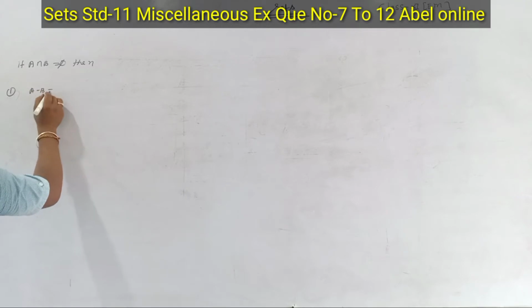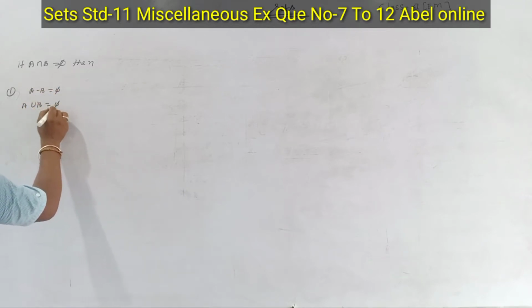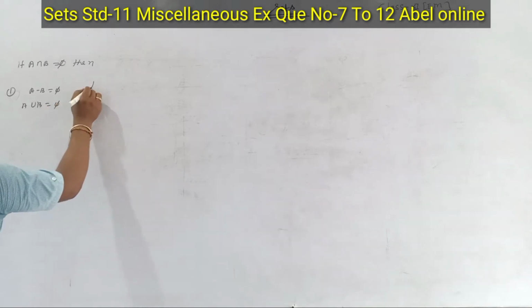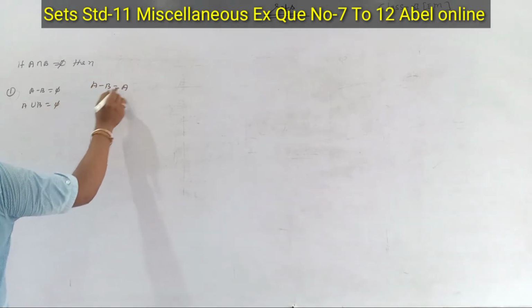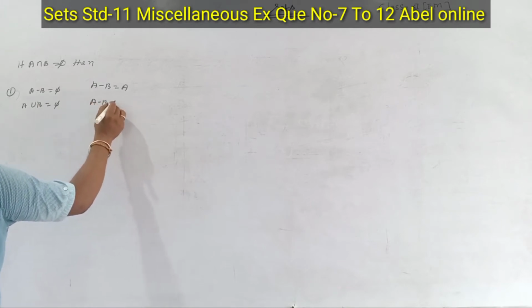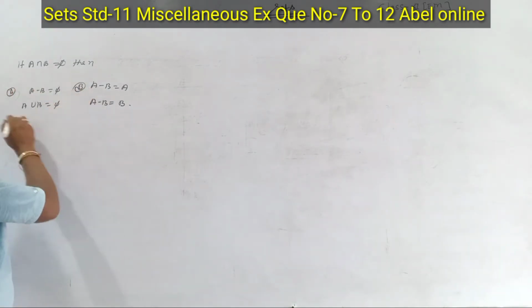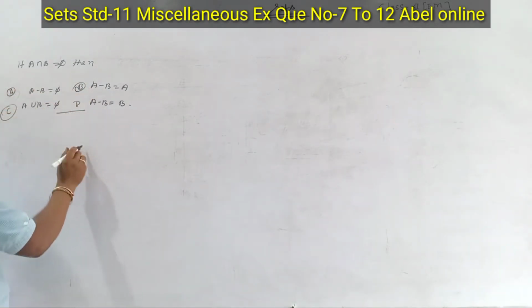A minus B equal phi, A union B equal phi, A minus B equal A, or A minus B equal B. So what is the answer? These are options A, B, C and D. Which option is correct?